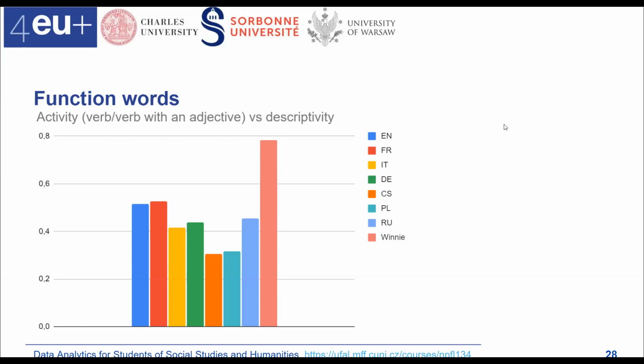And here you see that Winnie the Pooh has more of these adjectives attached to a verb. It means that it's more active. The text shows more activity, and on the other hand, the texts of the regulation are more descriptive. And you see that here the adjectives are even less common in the Slavonic languages.